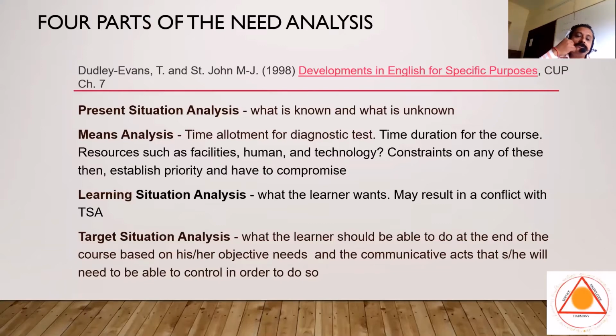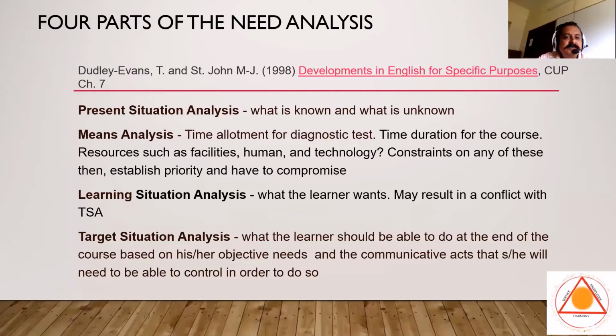Now, the first part of any need analysis deals with what is known and what is unknown. That means present situation analysis: what your learners know, at what level they are, and what they don't know. If you do this analysis, you will come to know, simplistically, what they need and where they need to go.